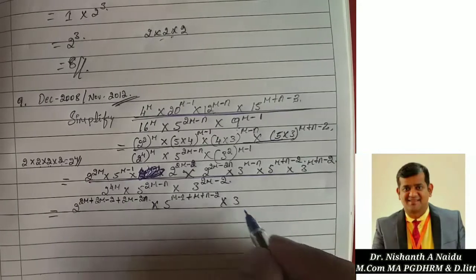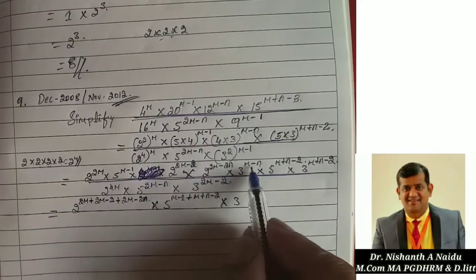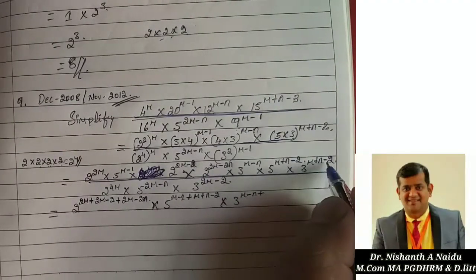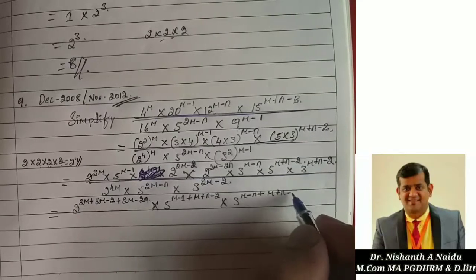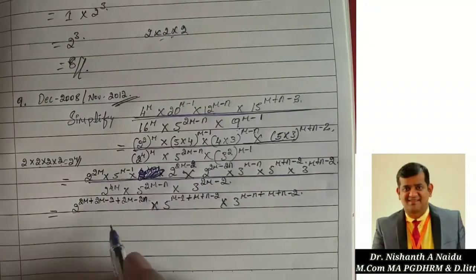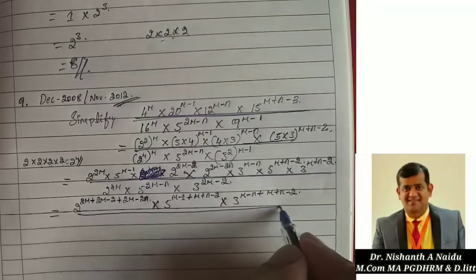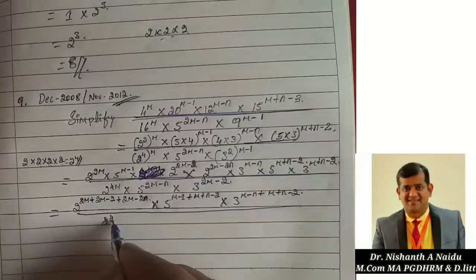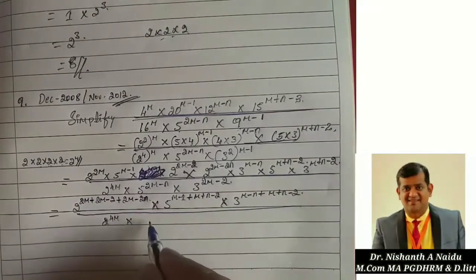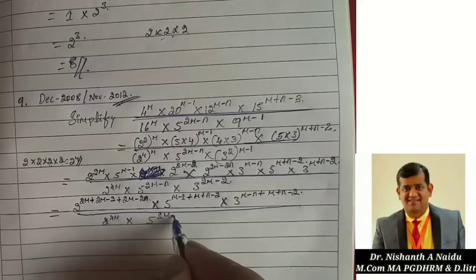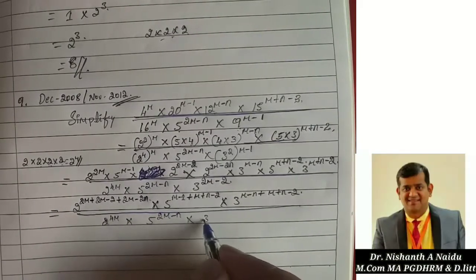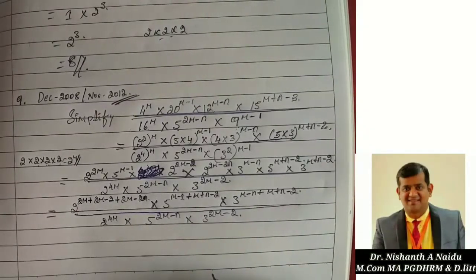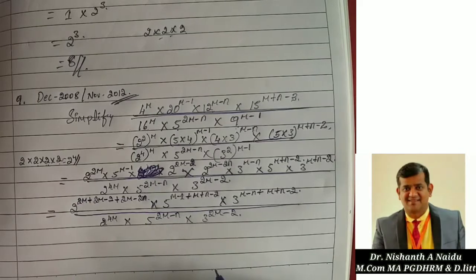Yes, 3. 3 to the power m minus n, 3 to the power m plus n minus 2. Okay. So now divide that. 2 to the power 4m into 5 to the power 2m minus n into 3 to the power 2m minus 2. Okay. So till that you are clear, right? No any confusion, right?